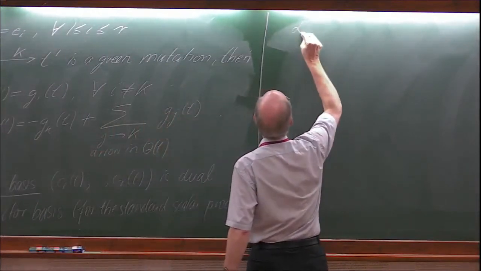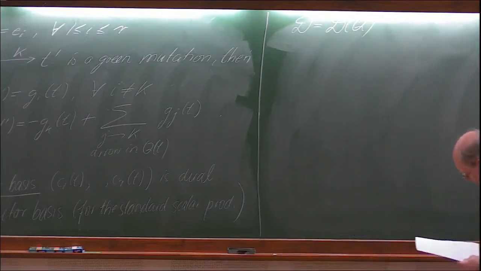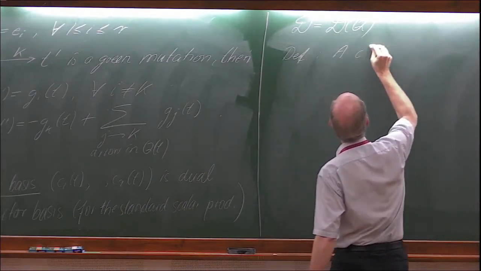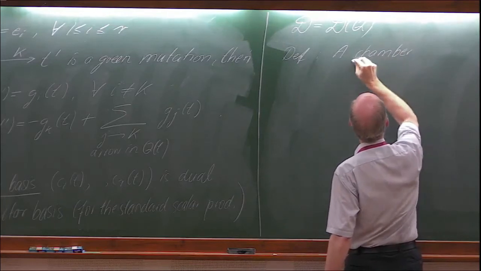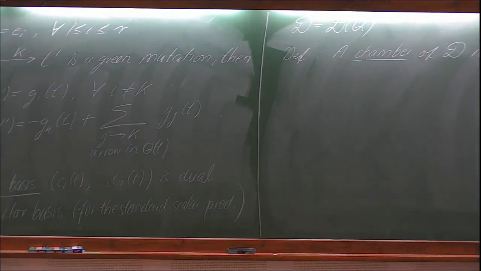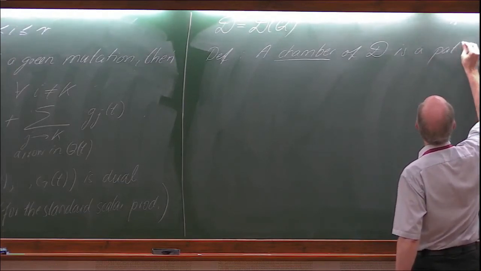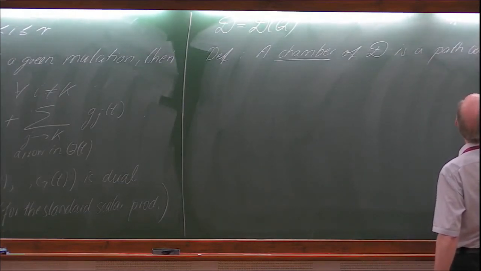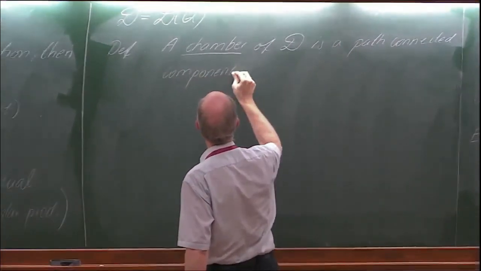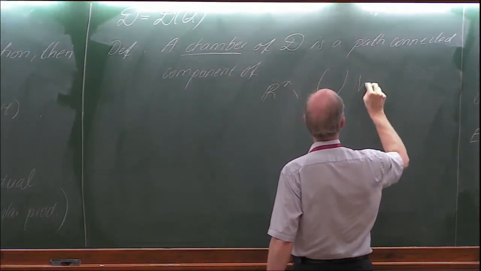okay, then let's take D to be the consistent scattering diagram associated with our quiver Q. Then we define a chamber of D as a path component of the complement of the union of the walls.